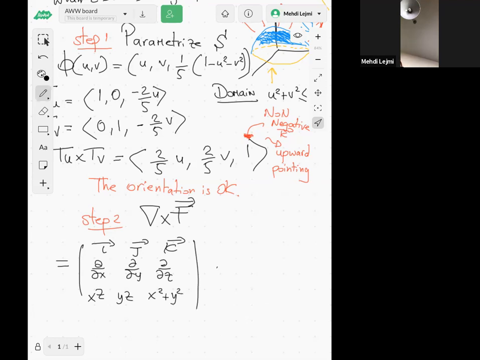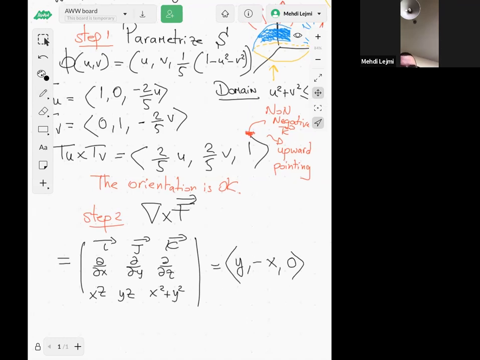So the curl of F would be 2y minus y, that would be plus y. Now for j, it would be x minus 2x, that's minus x, and hopefully the last component is 0. And yes, the last component is 0, that's the perfect problem. So that's the curl of F. Okay, and so this is step 2.